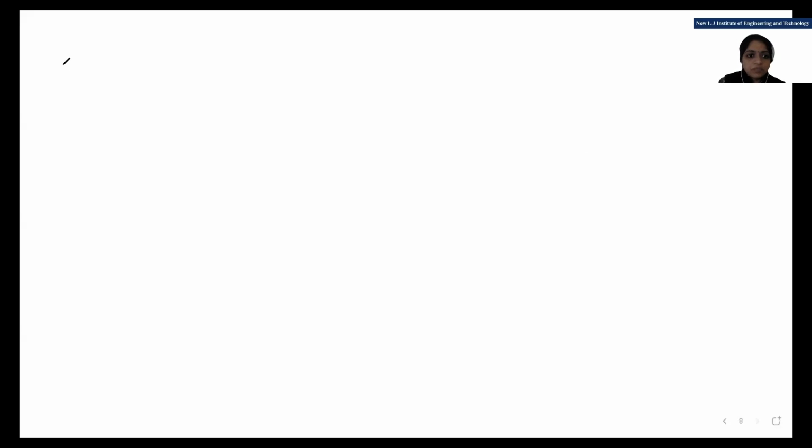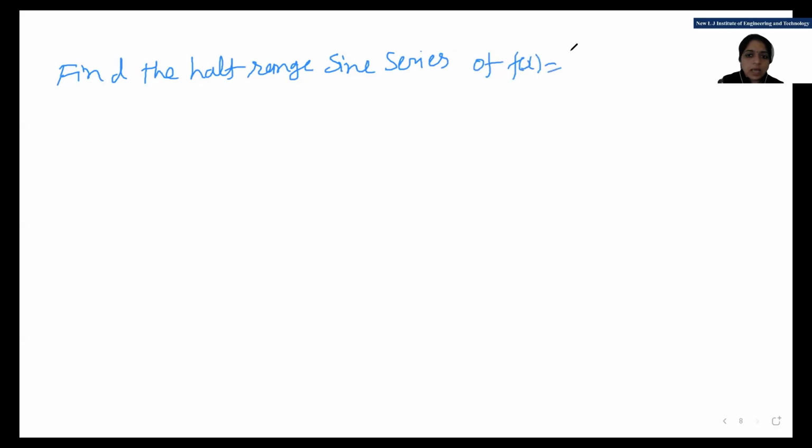So that is, find the half range sine series of f of x is equal to x, where 0 less than x less than 1, and 2 minus x, where 1 less than x less than 2.